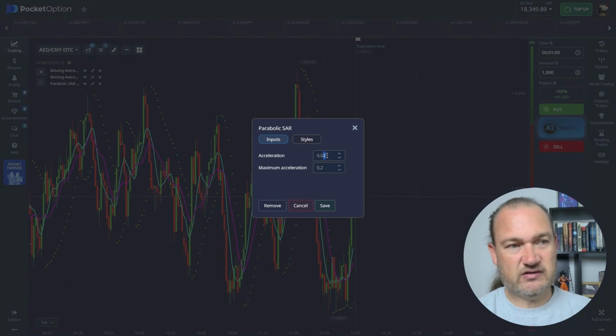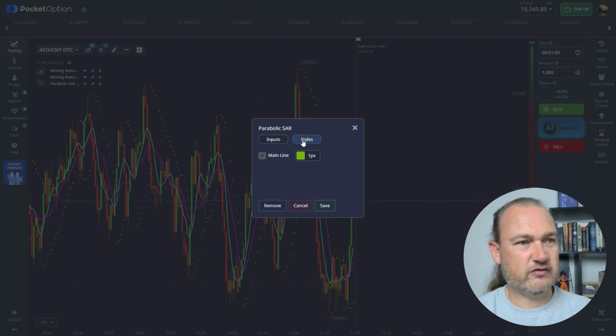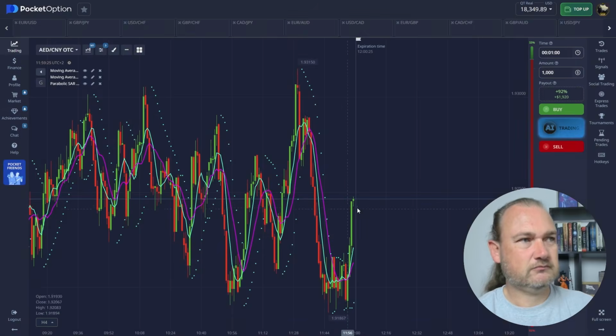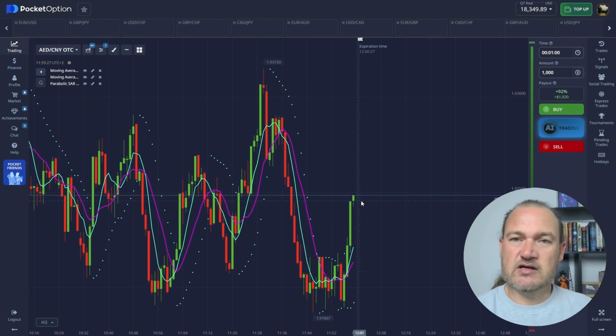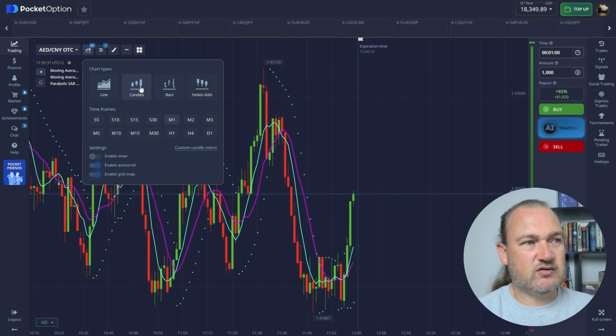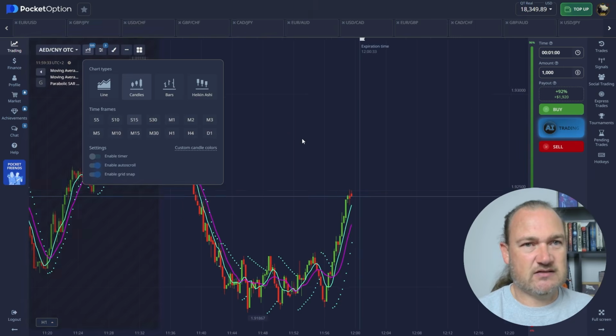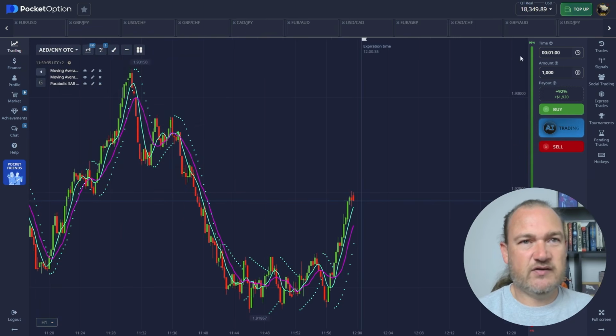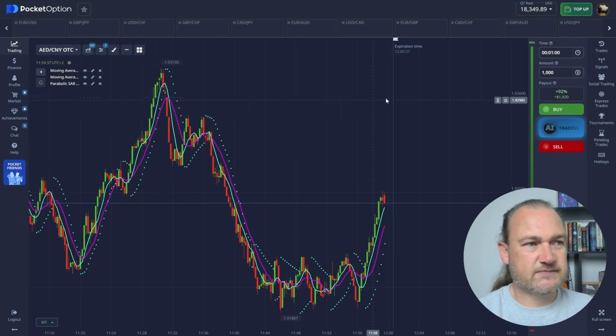We're just going to change these values to 0.03 and 0.3. Now I like the cyan color for the parabolic, but it doesn't matter what color you make it, it's just something I like. So this is what we're going to be using. Next thing we're going to do is make sure that our candle period is set to 15 seconds, and we're going to leave our expiry time on 1 minute.